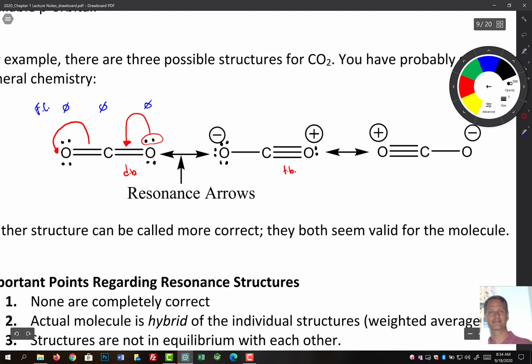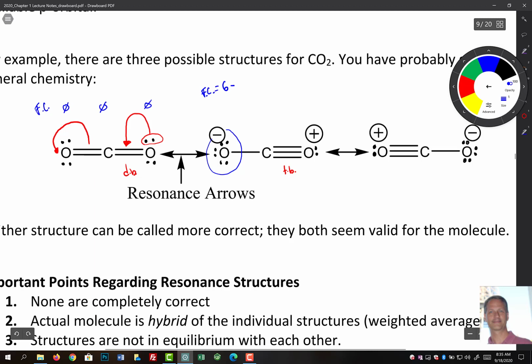Now, going from this middle structure to the one on the right, if we put in our lone pairs, we have 3 lone pairs at one end and 1 at the other end. Remember, when we calculate formal charge for this oxygen down here at the end, it's equal to the number of electrons it wants minus how many it owns.